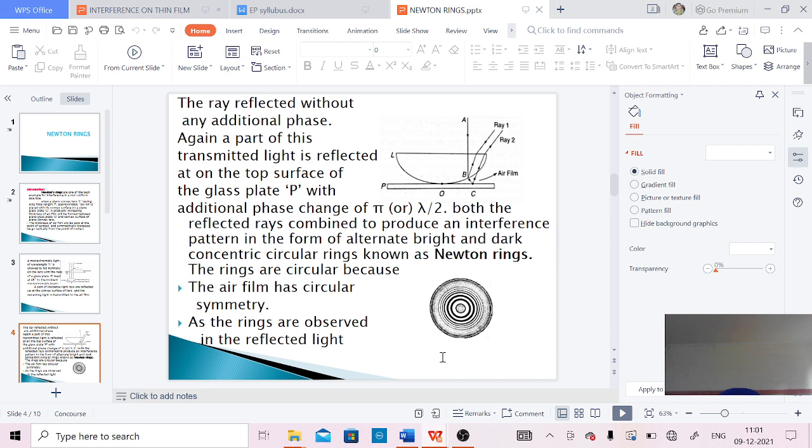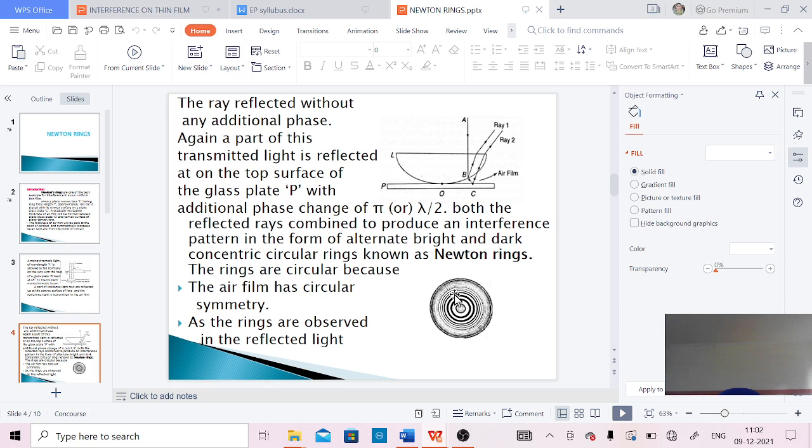How the Newton rings appear is this phenomenon: the incident light is reflected from the lens surface as well as from the film. So we can get bright rings and dark rings alternately, and those are concentric circles.